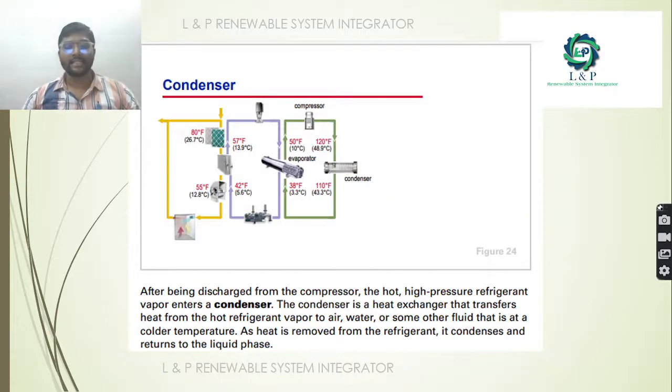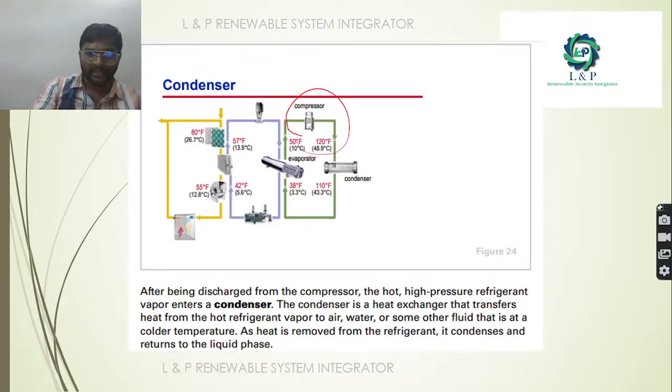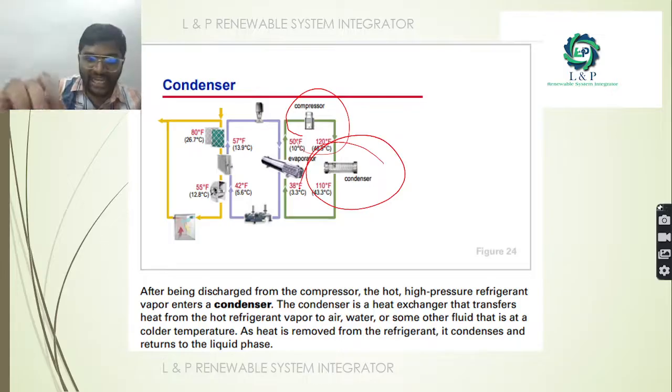Next is the condenser. After being discharged from the compressor, we need a condenser. When the vapor enters the condenser, the condenser acts as a heat exchanger. It transfers the heat from the hot refrigerant vapor to the air which is present inside it.